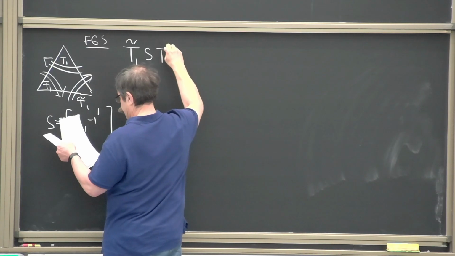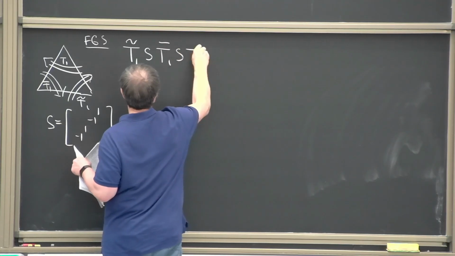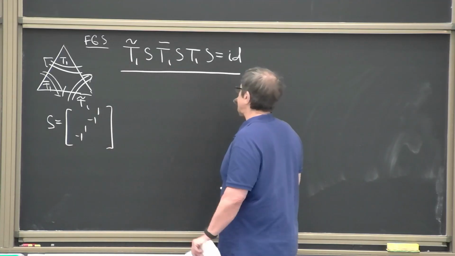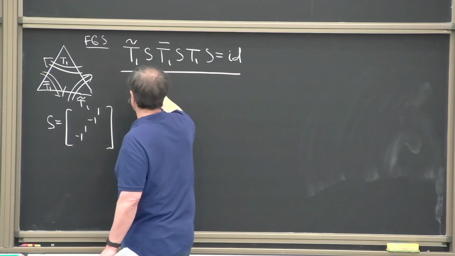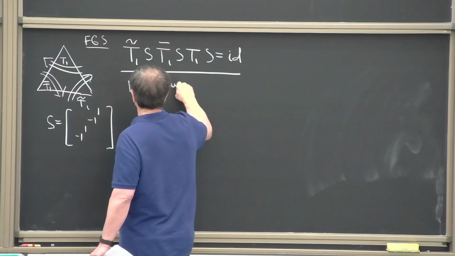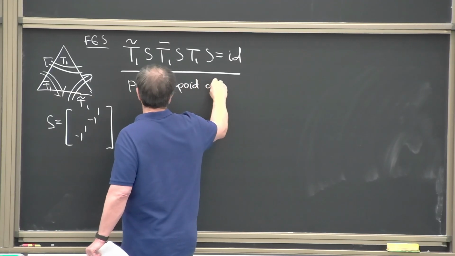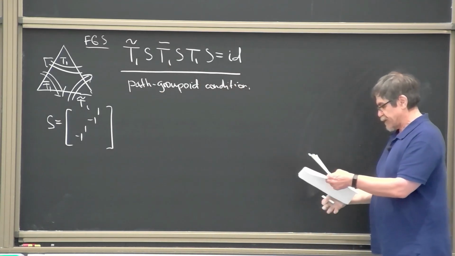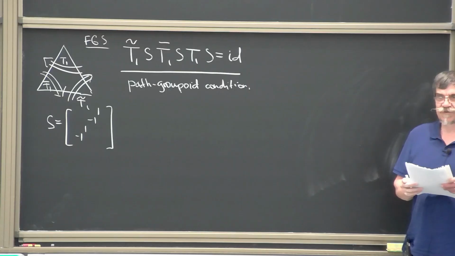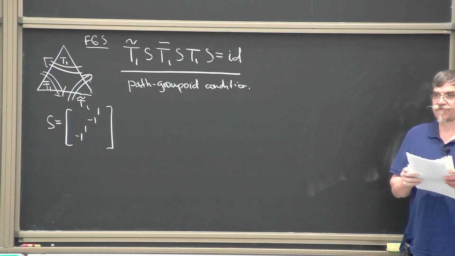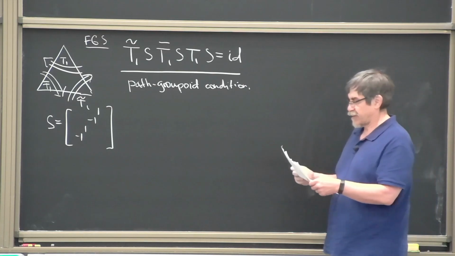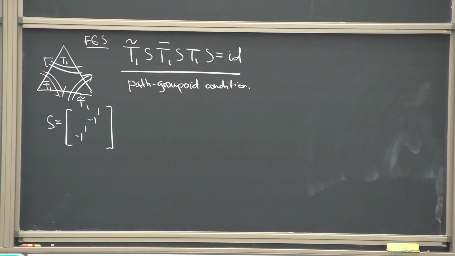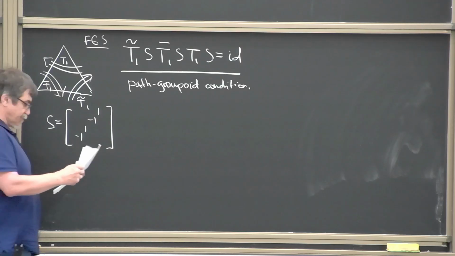So I have to write them in proper order. So this is something that we call the path groupoid condition. And using this path groupoid condition, we actually can parameterize the corresponding matrices A and B in the compatible pair. So this is the next theorem.